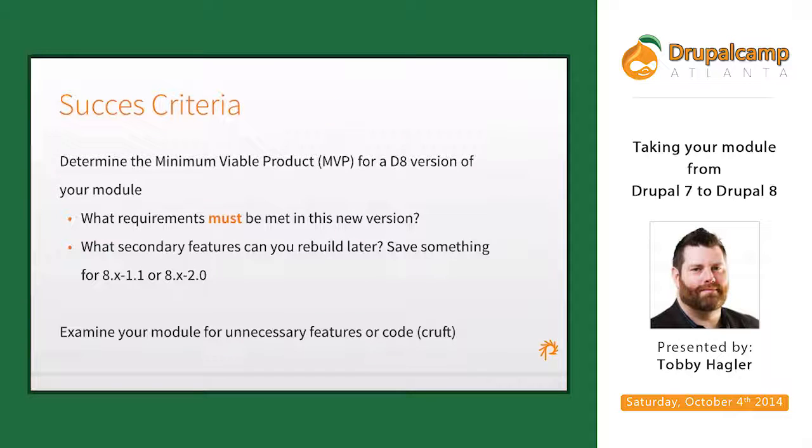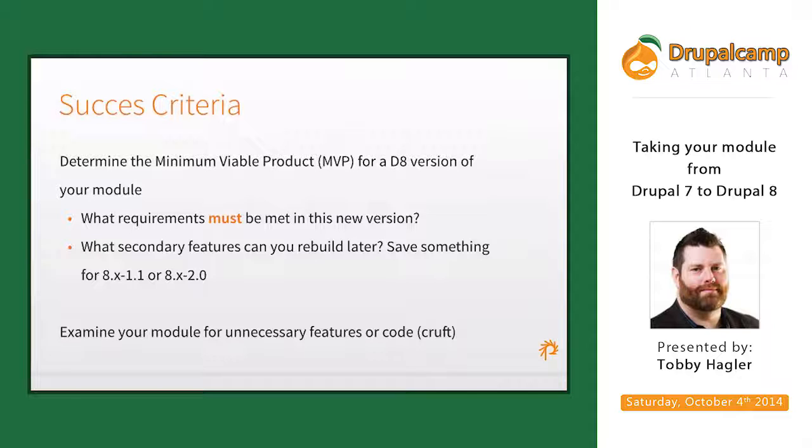So anyway, the final thing you want to do before you begin, I know we're halfway through the session, right? We haven't even begun to update our module. Determine the success criteria. You want to find out what the MVP of your Drupal 8 version is going to be. The reason for this is there's a lot of things that were in contrib modules that are now in core, right?